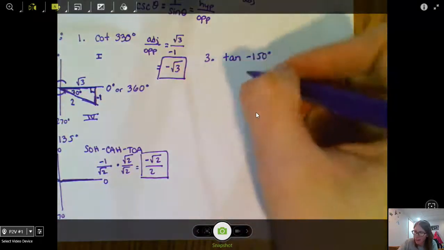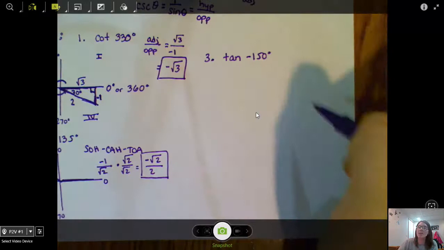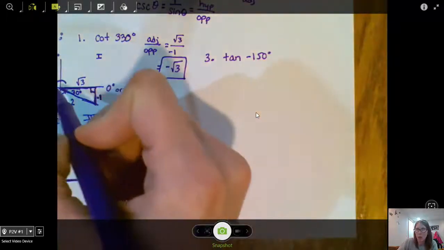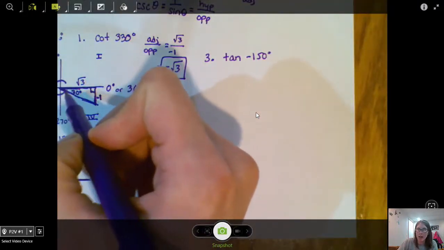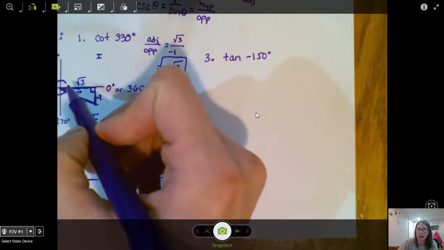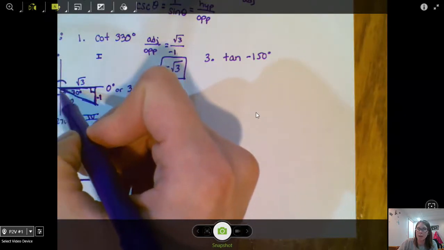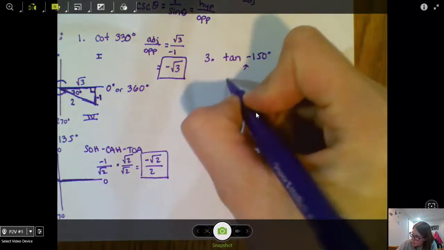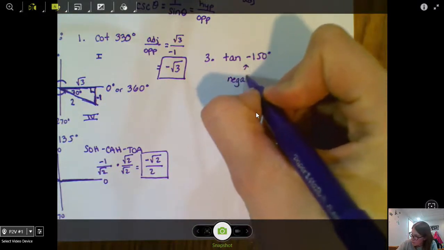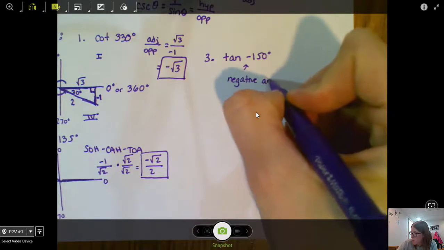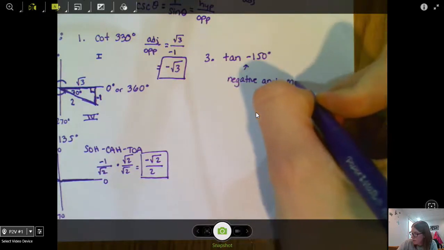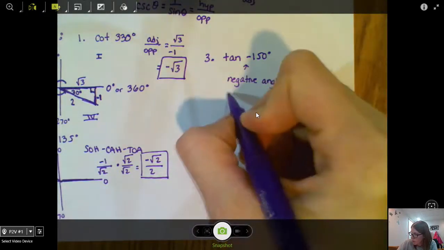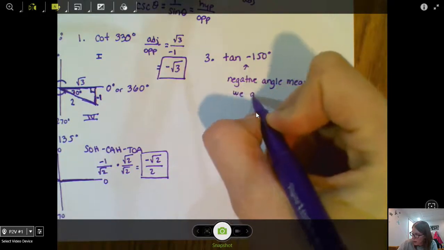Well, negative angles mean we go the opposite direction. So normally we go counterclockwise from the x-axis, counterclockwise from the positive x. If we have a negative angle, that means we go clockwise.